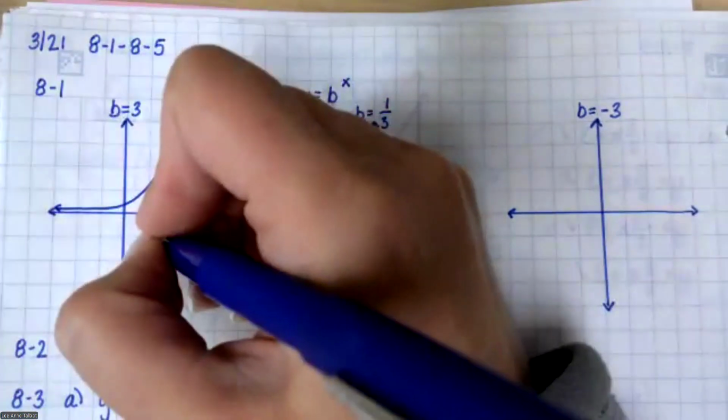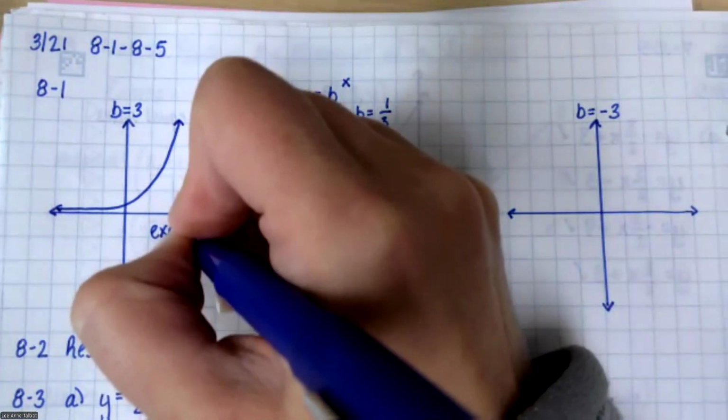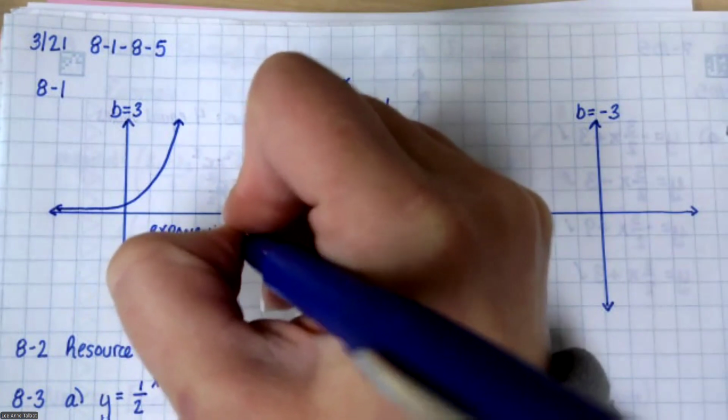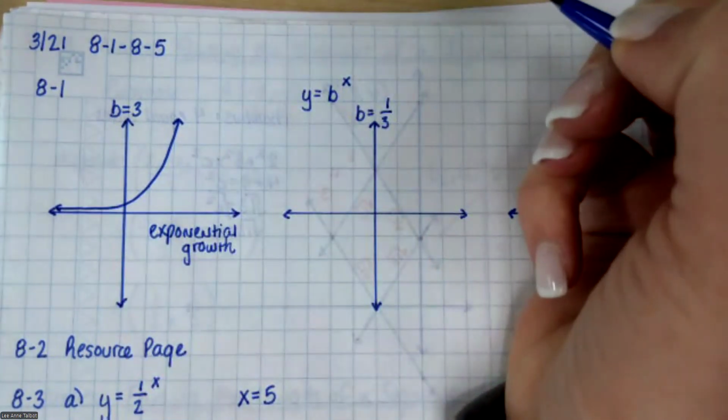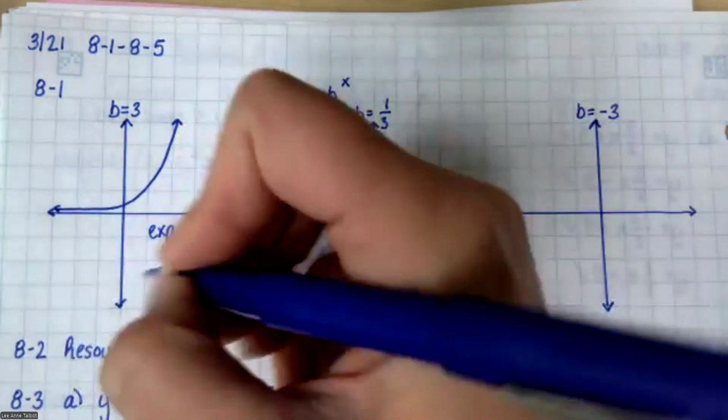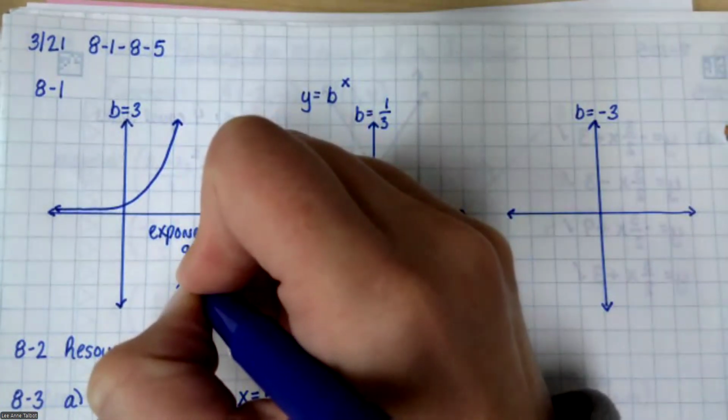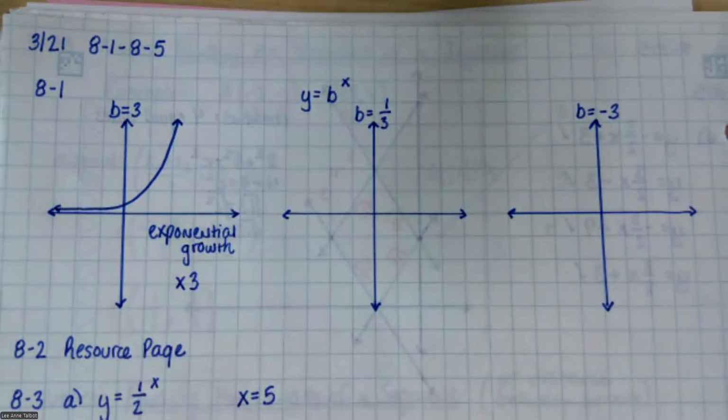This is called exponential growth. And what's happening is in the table, the numbers are getting multiplied by 3 each time. So times 3 times 3 times 3, which gets big really quick. That's why it's so steep.